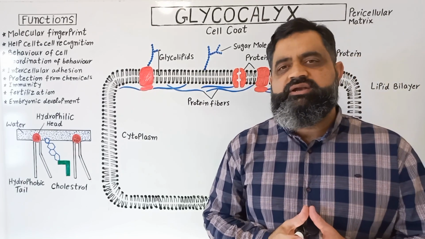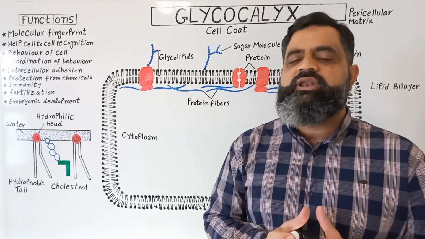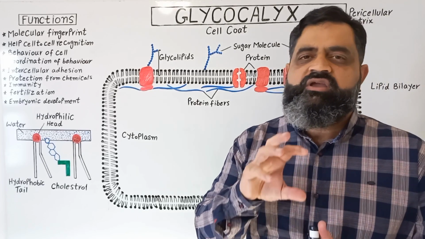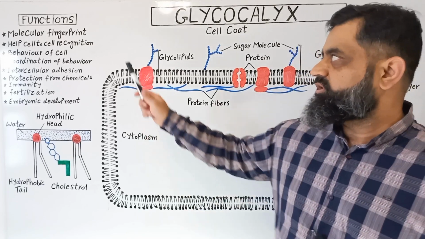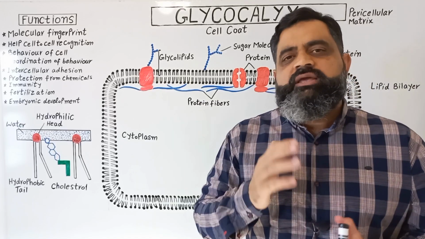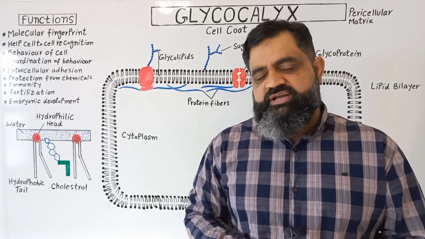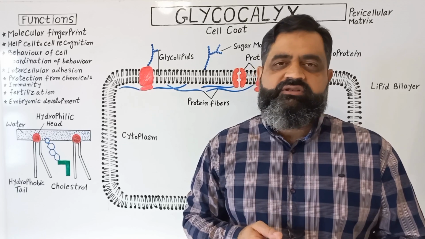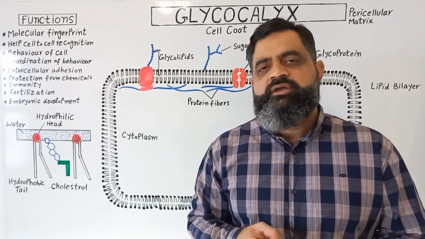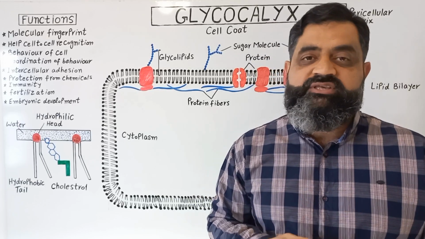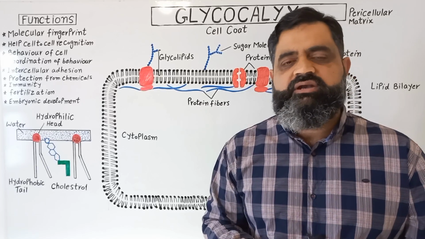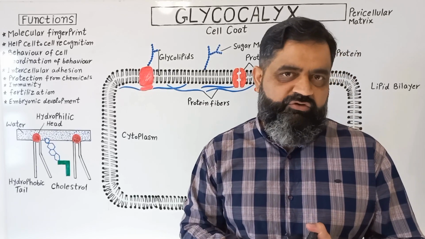Now let's look at the functions of glycocalyx. What are the functions of glycocalyx? The glycocalyx has very important functions. First of all, it provides a molecular fingerprint. There are 200 different types of cells in our body, like red blood cells, white blood cells, brain cells, nervous cells, bone cells, bone marrow cells, muscular cells, epithelial cells, and there are so many types of cells present in our body.